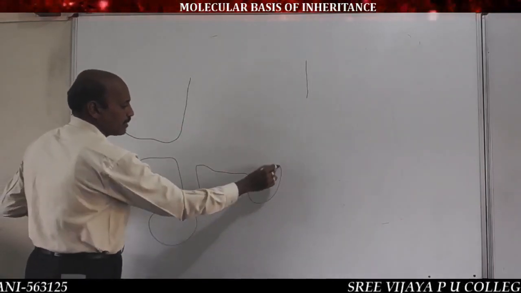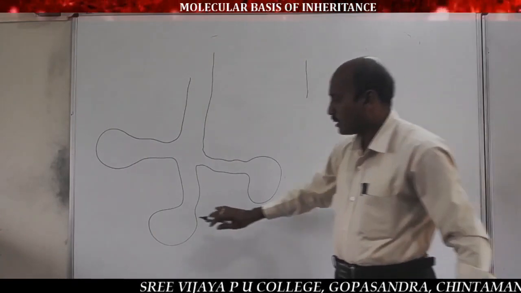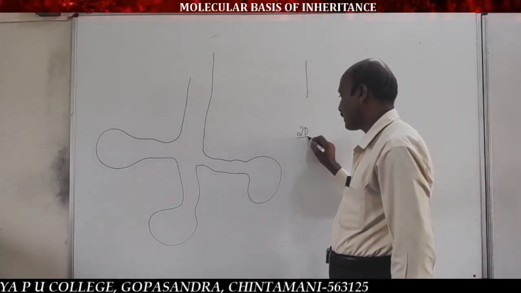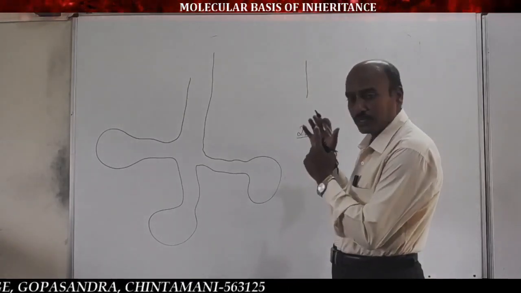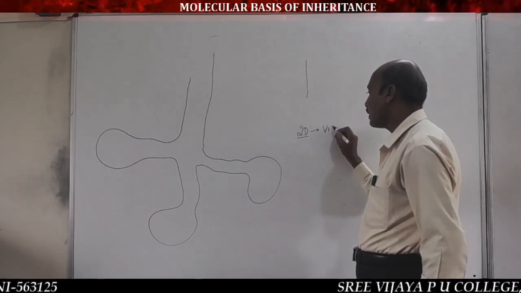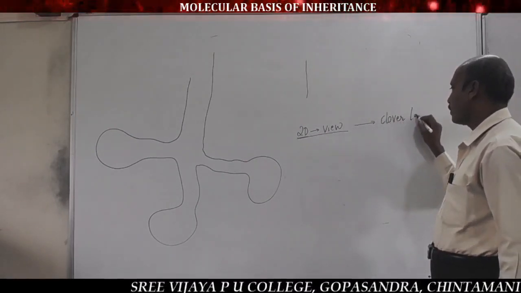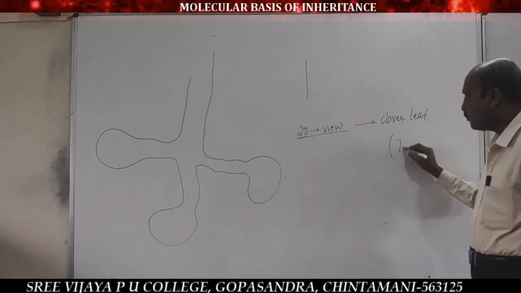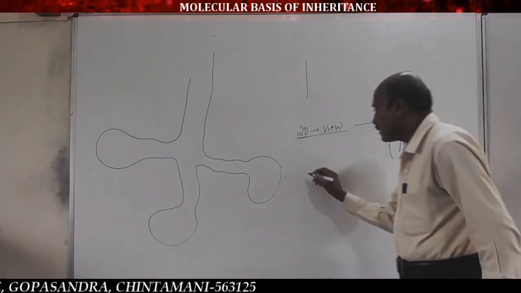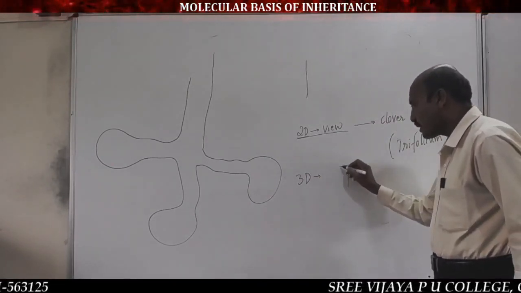We remember this statement: the chain is wrinkled or folded in the form of loop-like structures, and it appears in a two-dimensional view like a clover leaf or trifoliate leaf, or in a three-dimensional view in the form of an inverted L shape.